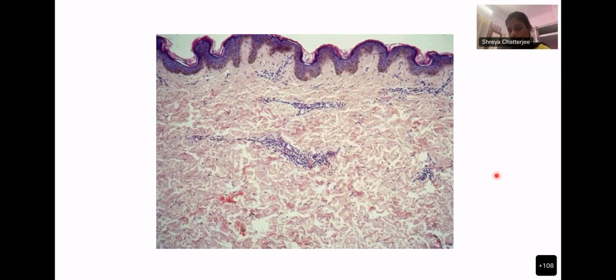The third differential I have is leukocytoclastic vasculitis, because mixed inflammatory infiltrates are present, although it shows fibrinoid necrosis and fragmented neutrophilic nuclei, which could not be appreciated. Fourth is allergic dermatitis, in which we also see perivascular inflammatory infiltrates, although the spongiotic changes could not be appreciated.